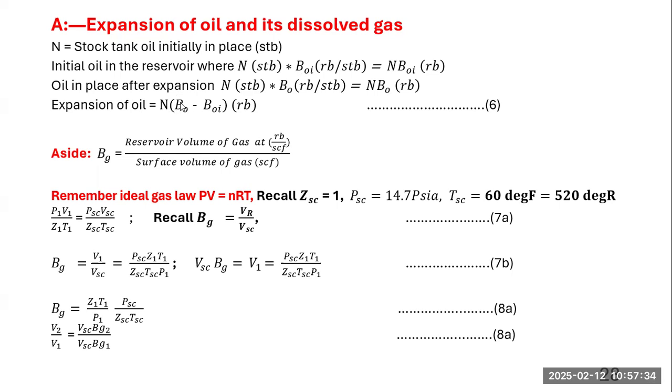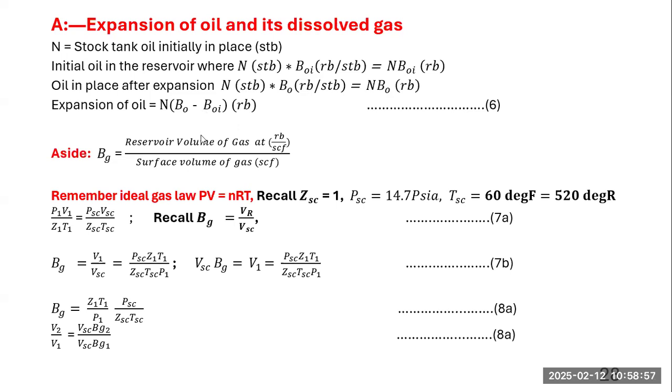You recollect that your Bo is higher than your Boi. When we did your pressure-Bo plots, your Bo is higher than your Boi, the oil formation volume factor, because of a slight expansion. So this is the expansion of oil.